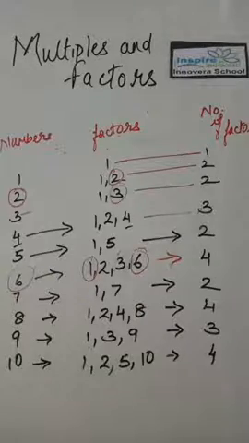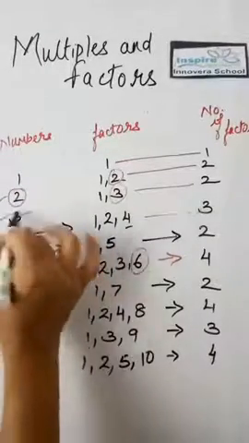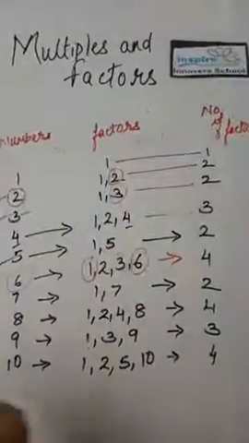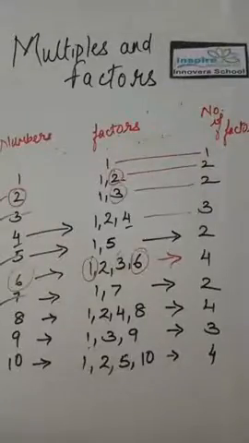Which numbers? 2, 3, 5 you can see, and then 7. 2, 3, 5 and 7. See at these numbers. What can you see? How many factors are there?